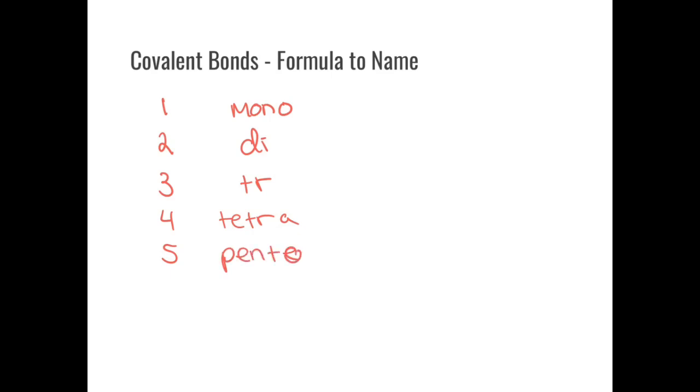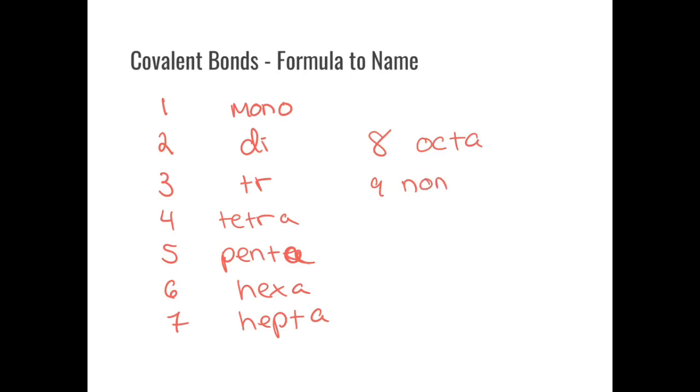So as we mentioned, for covalent bonds, we don't use the crisscross method. We use prefixes. So one thing that you can write on the back of your periodic table is that for 1, that's mono. 2 is di, 3 is tri, 4 is tetra, 5 is penta, 6 is hexa, 7 is hepta, 8 is octa, 9 is nona, and 10 is deca.